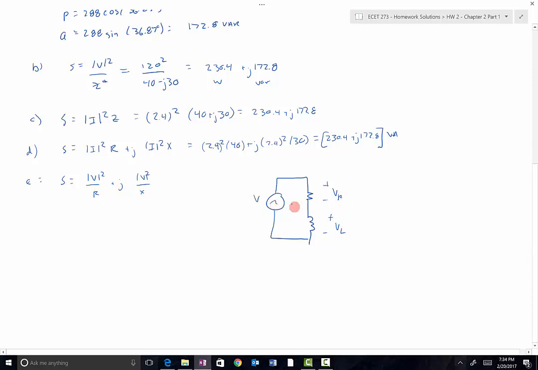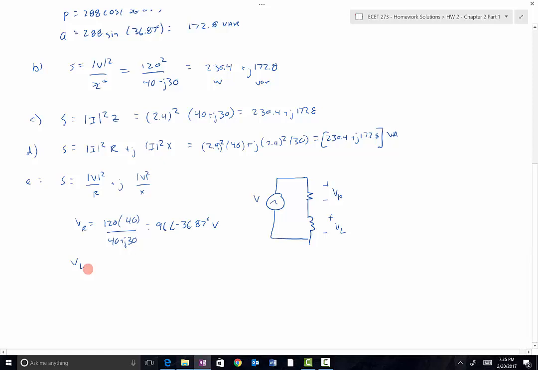Fortunately, there's just two elements, so we can easily use the voltage divider formulation. We know that the voltage associated with the resistor is going to be 120 times the ratio of R to total circuit impedance, which is just 40 over 40 plus j30. So the voltage across that resistor is going to be 96 at an angle of negative 36.87 degrees volts.